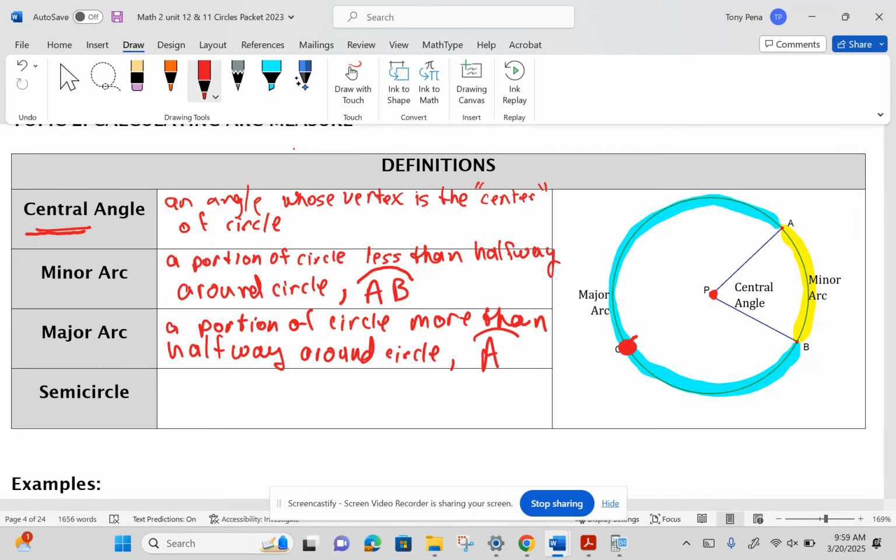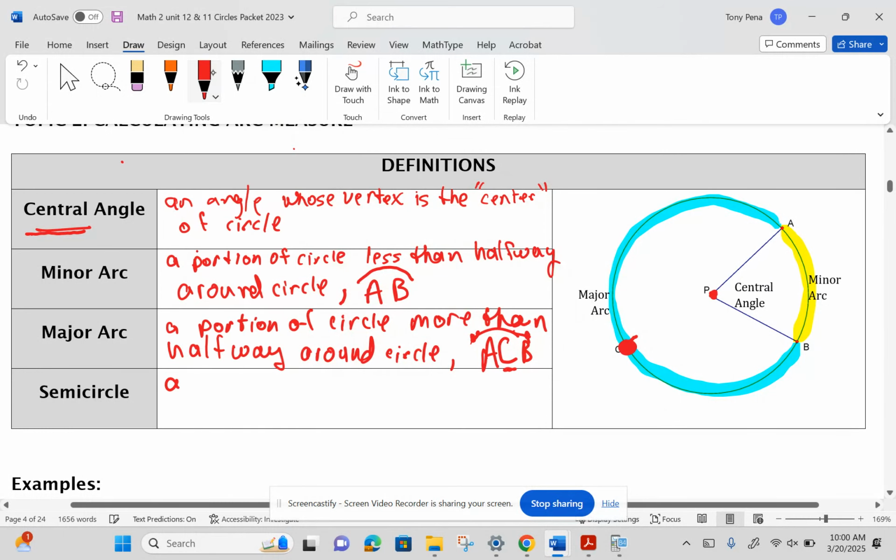So you're going to name that blue major arc A, C, B. And you must use 3 letters. We still start at A, we still end at B, but you have to put a letter in between. And that's how we know we go the long route versus the short route. Okay?